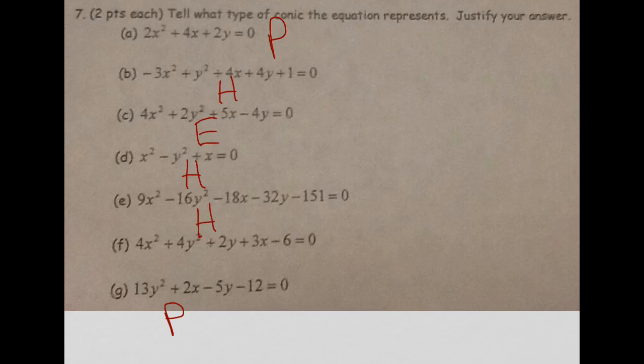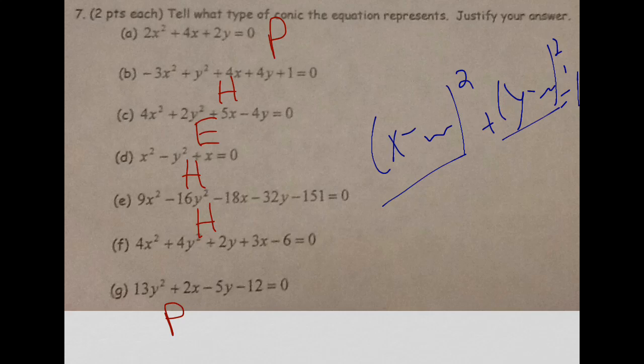Now, the last one, you may say, oh, it's an ellipse, they're both positive, good to go. But notice I've got a 4 and a 4. So when I go through all of that long process of completing the square, I get x minus something squared over something, plus y minus something squared over something, equals 1.